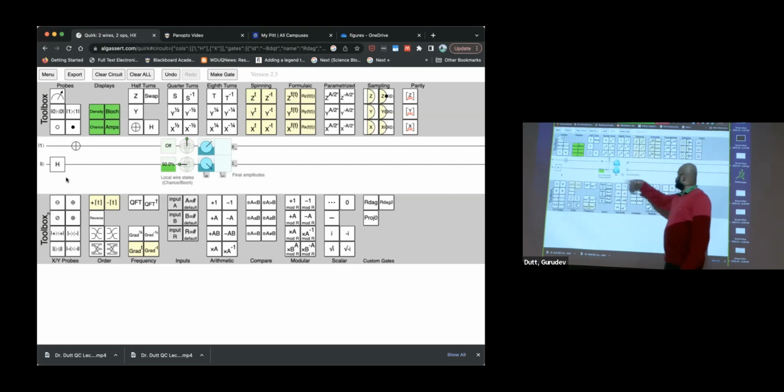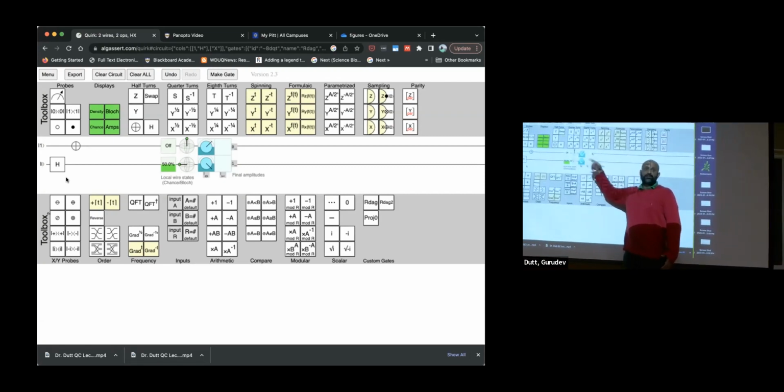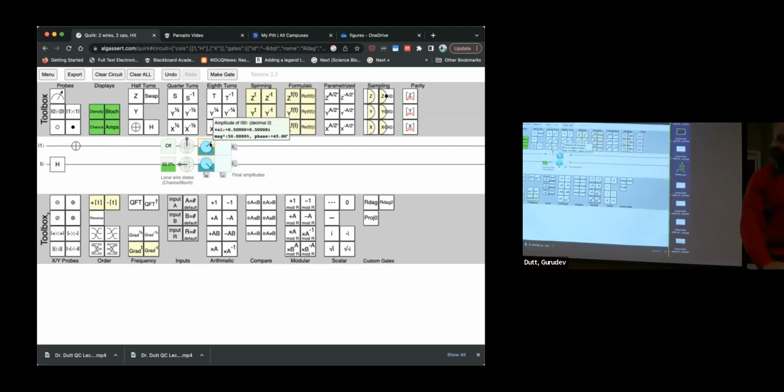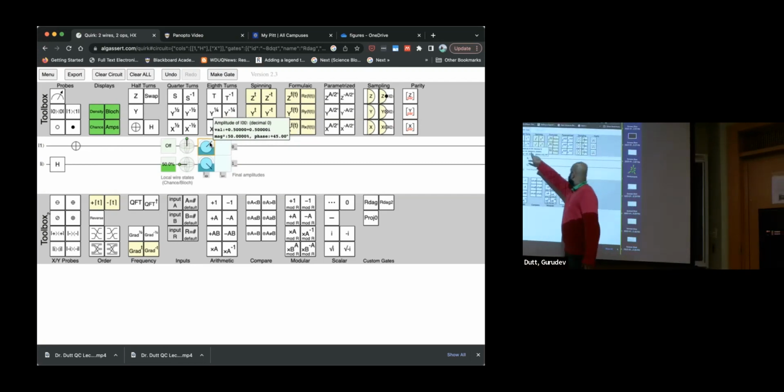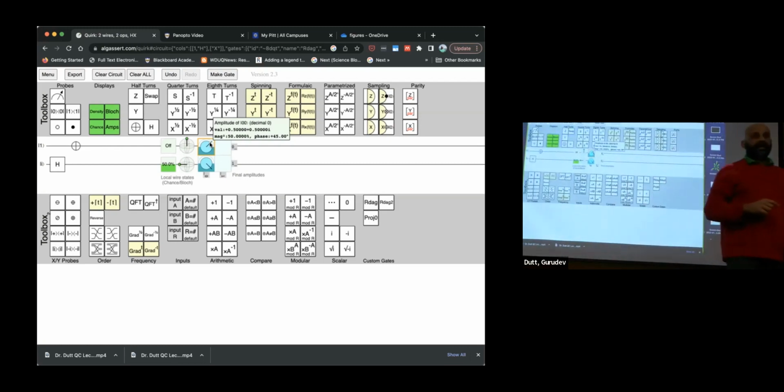And so H acting on i gives me the minus i state, and you can see now what happened to that amplitude over there. The probability is still half to be found in this state or this state. So there's a 1 over root 2 on the outside, but there's a phase, e to the i theta, on each of those amplitudes. And you can see what the actual number is by mousing over, and you see it's 0.5 plus 0.5i. Because there's a 0.5 plus 0.5i, this is pointing along at 45 degrees to the axis.